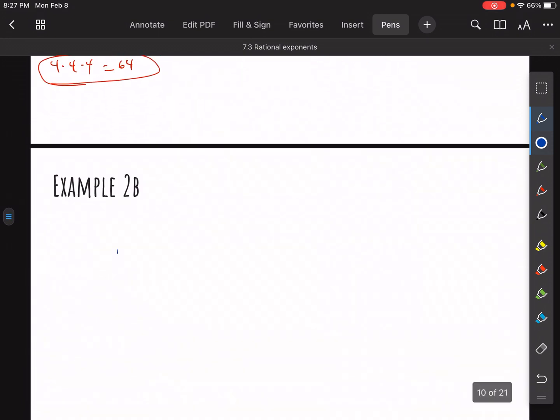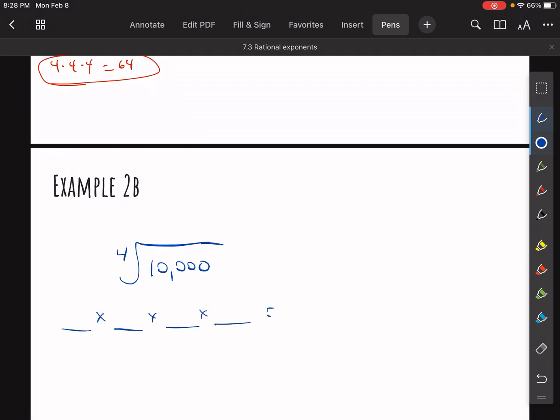2b, they want the fourth root of 10,000. So they're asking what number multiplied by itself 4 times gives me 10,000. The most straightforward thing that I could try there would be 10, since we're dealing with a bunch of zeros and a 1.